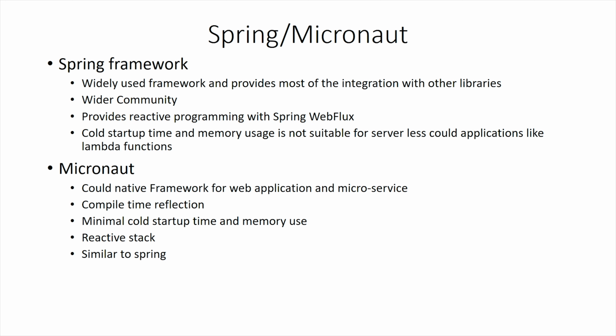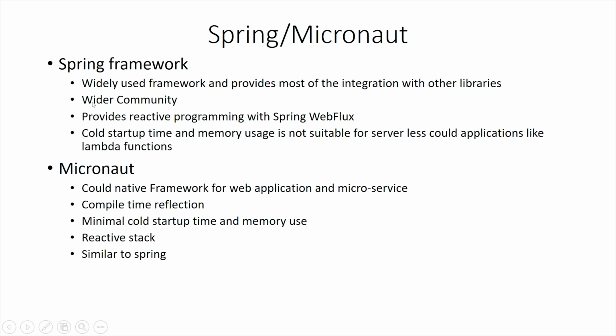So let's start with Spring. It's a widely used framework and provides most of the integration with other libraries. It's used by many companies and developers, and we can integrate with many libraries like MongoDB, because it's a huge framework.